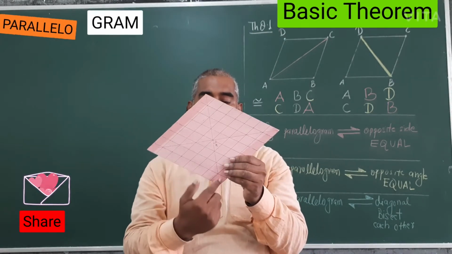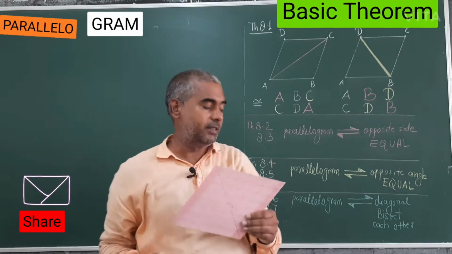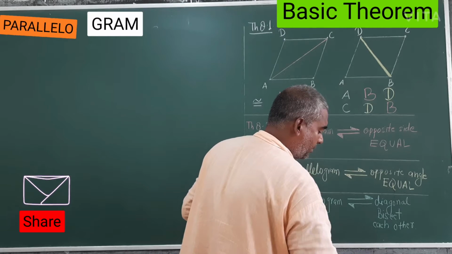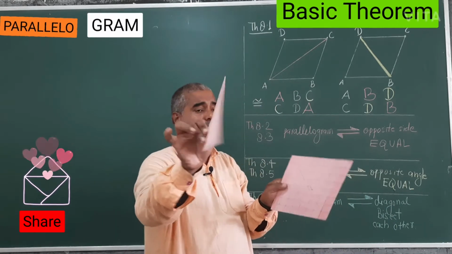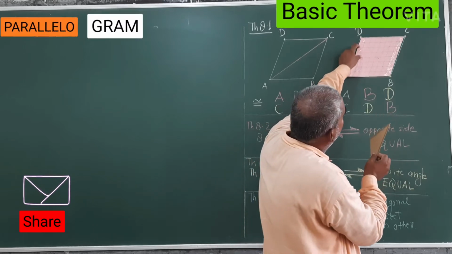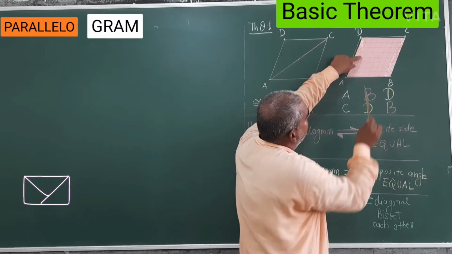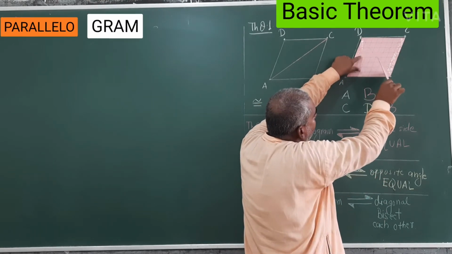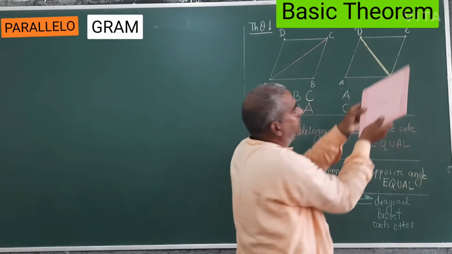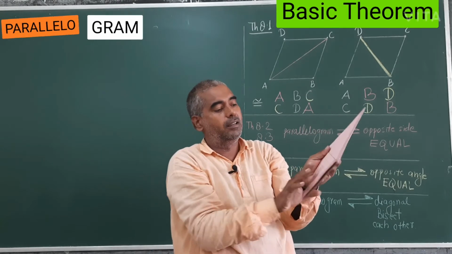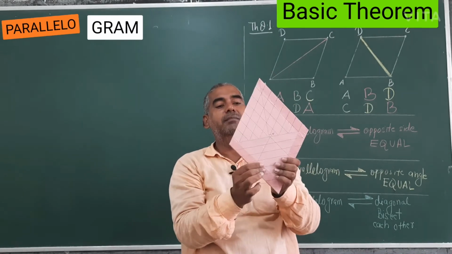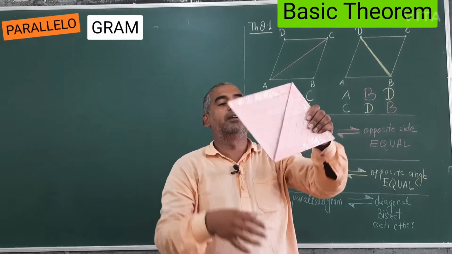So this is a diagonal and this is a diagonal, so two diagonals are there. For your simplicity, this is the half of it. If I make this diagonal, I will get this triangle. Are you able to see any difference? It appears to be only one, but it is a triangle and it is a parallelogram.